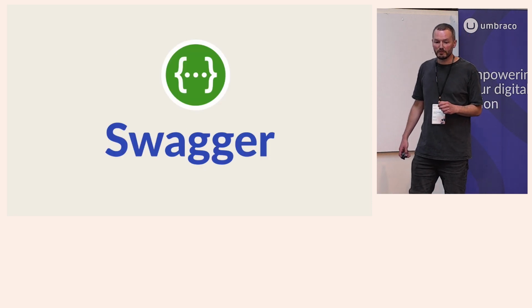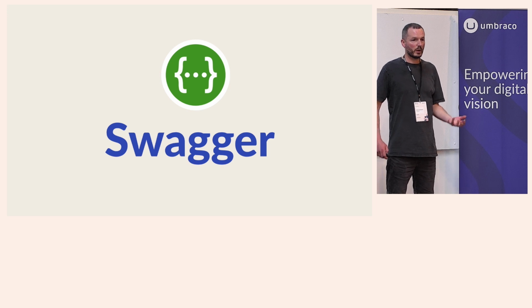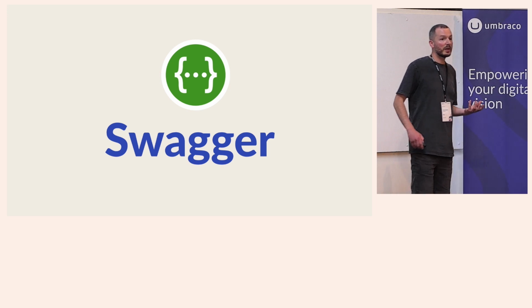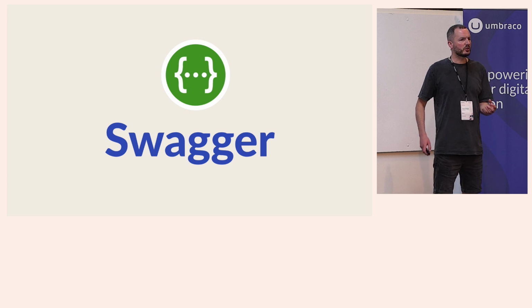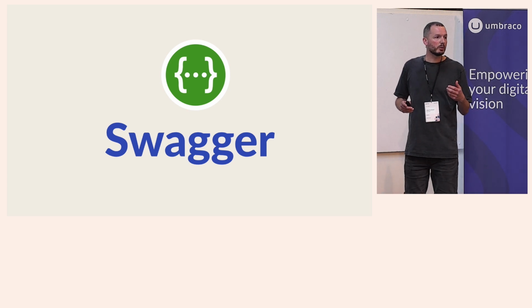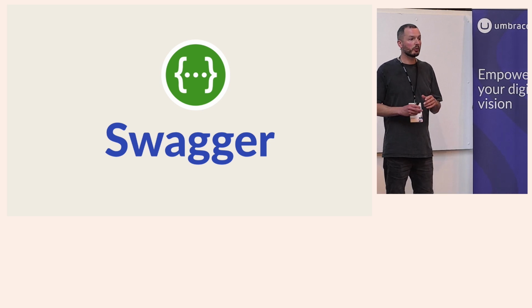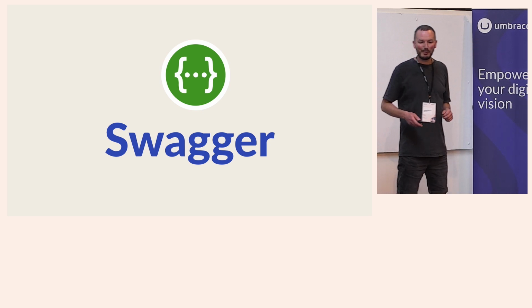So for that, we'll leverage the specification, which is Swagger. For those of you not familiar with Swagger, it's a way of documenting the features and functionalities of an API, most importantly in a way that's readable by humans and also by machines.